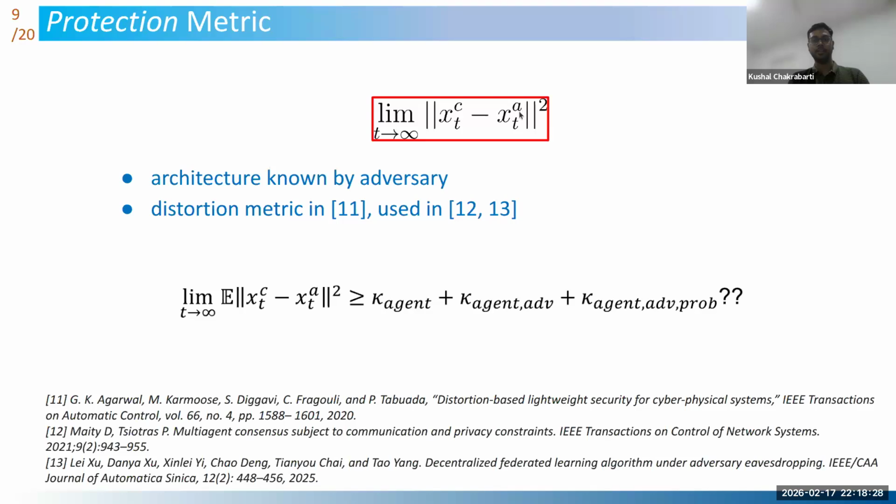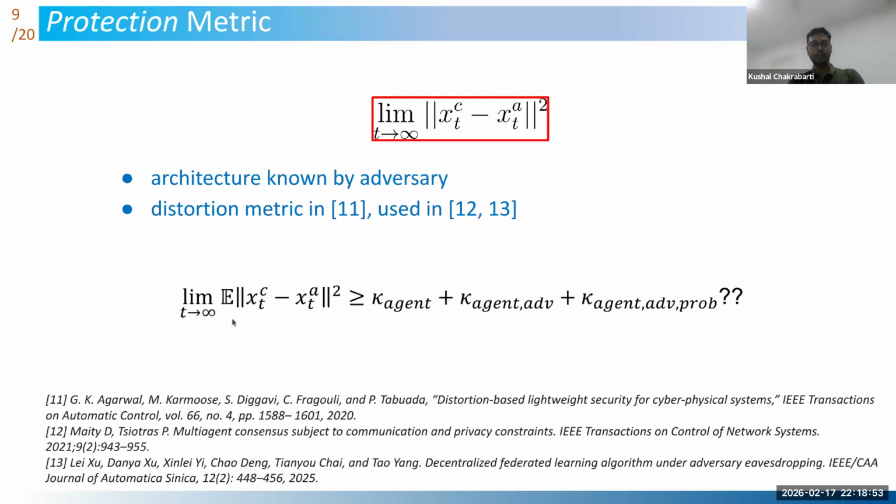Whenever you see superscript A, that is adversary, and C is for client. The Euclidean distance between the two is my chosen metric. This metric has also been used in similar existing papers, and in general distributed optimization problems, as you can find here.